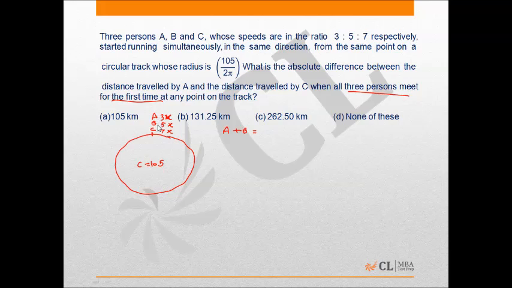If B has to meet A for the first time, he has to cover one round extra than A. That means using the relative speed concept, B has to cover 105 meters with the relative speed 5x minus 3x, which will come out to be 105 by 2x.